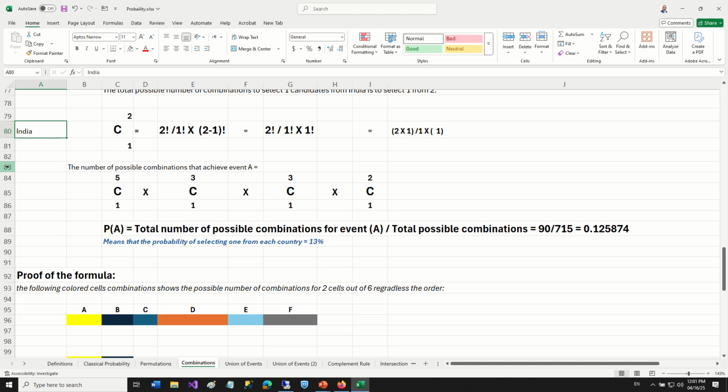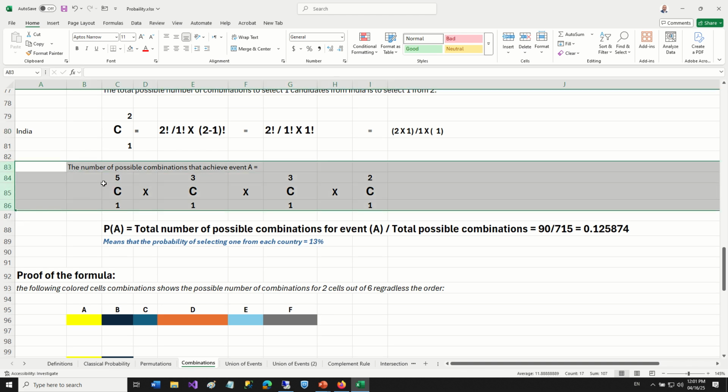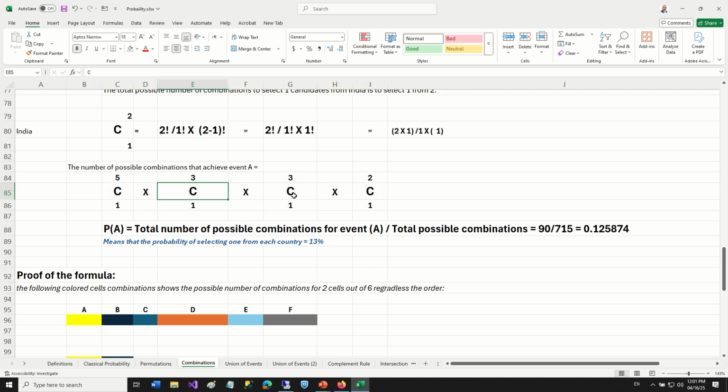So now the number of possible combinations to achieve event A is the number of possible selections for UAE, multiplied by the possible number of selections for Saudi Arabia, multiplied by the possible number of selections in Algeria, multiplied by the possible number in India, so that equals 90.